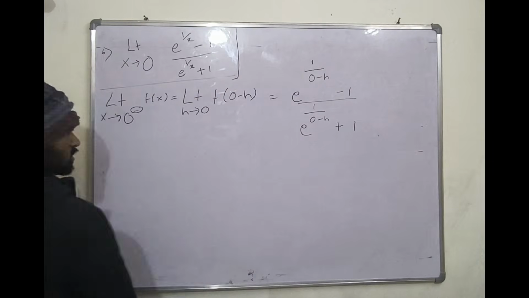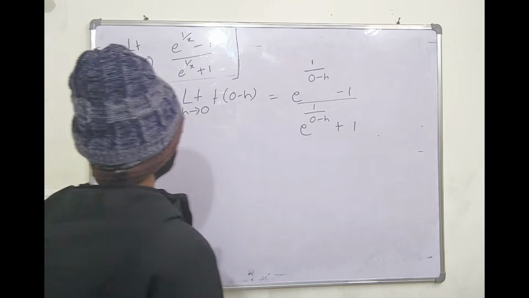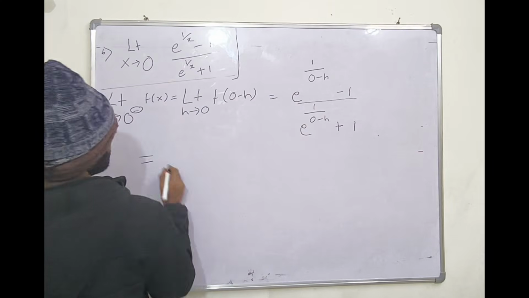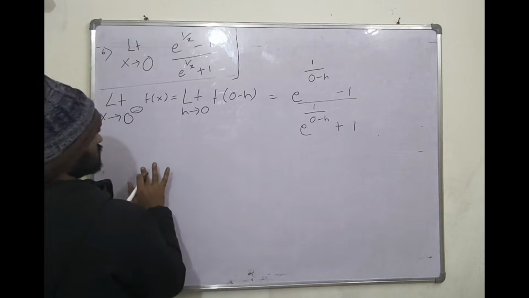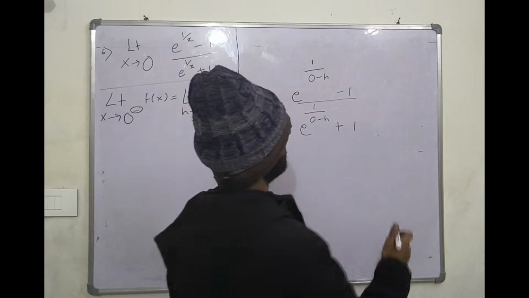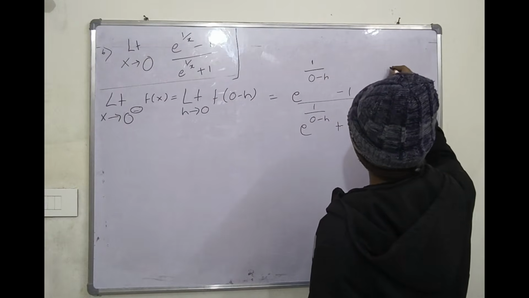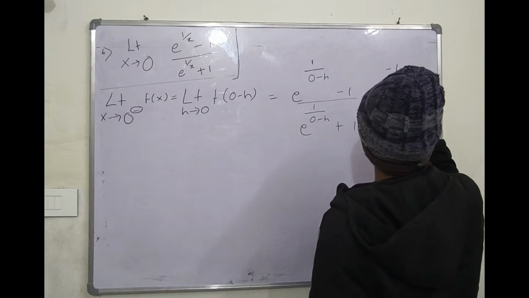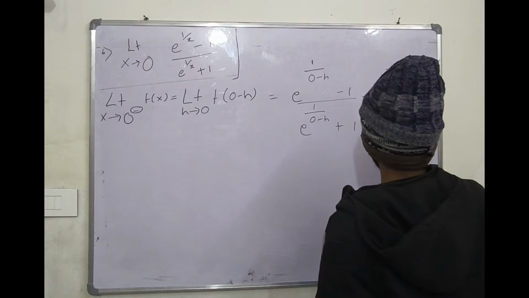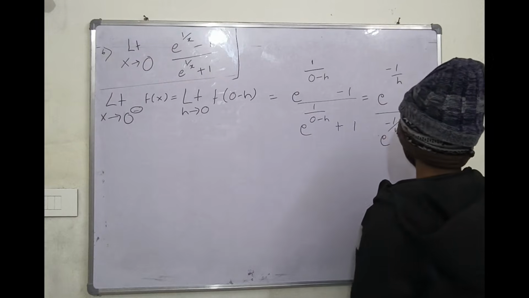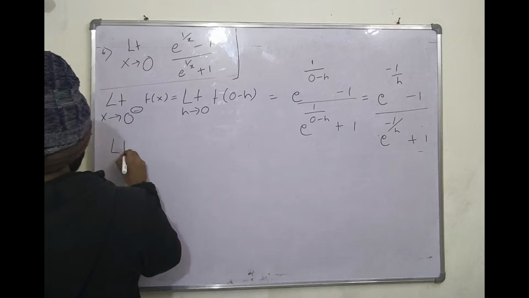So this is (e power minus 1 by h minus 1) by (e power minus 1 by h plus 1), with limit h tends to 0.